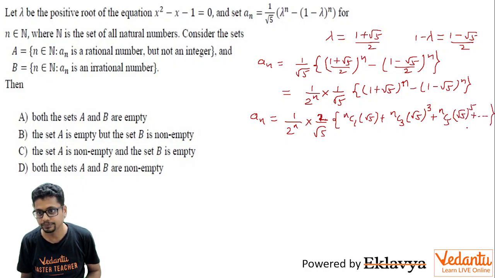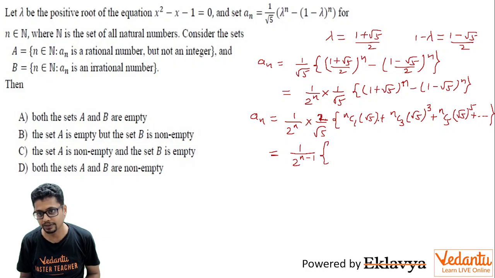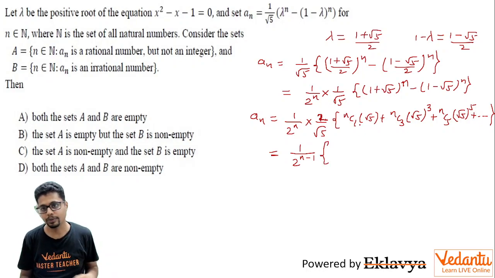Since 1 by root 5 is there, you get 1 by 2 to the power n minus 1; the 2 cancels out from the numerator, and the root 5 cancels with the root 5 you can take common from all the terms.